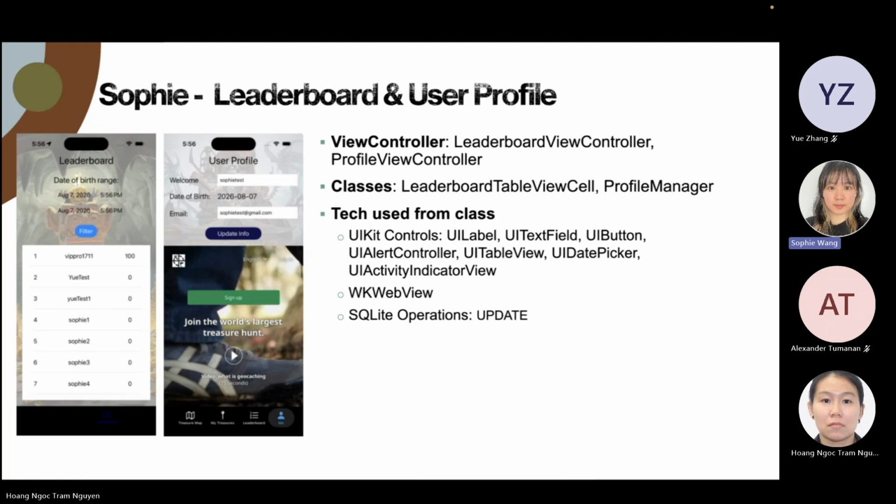I also added a date of birth filter where users can select a starting and ending date using date pickers, and press filter to display only players whose birthdays fall within that range on the leaderboard. The page uses labels, buttons, date pickers, a table view, alerts, and an activity indicator. The main view controller for this page is the leaderboard view controller.